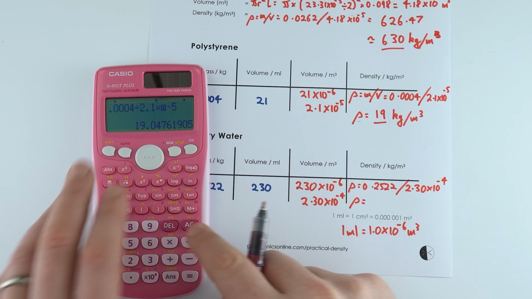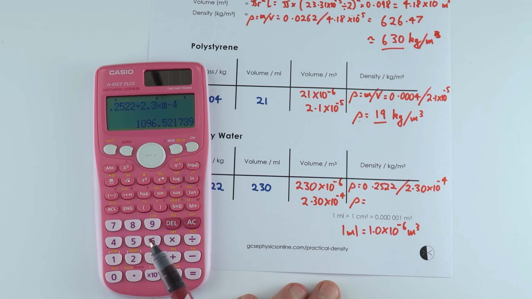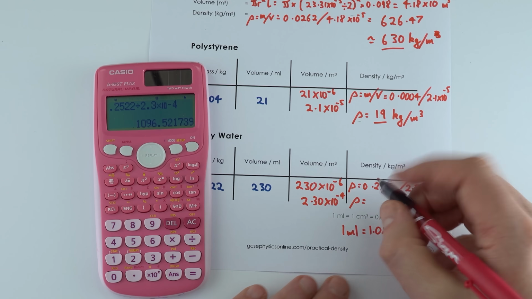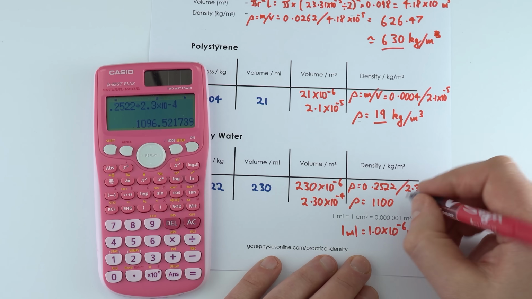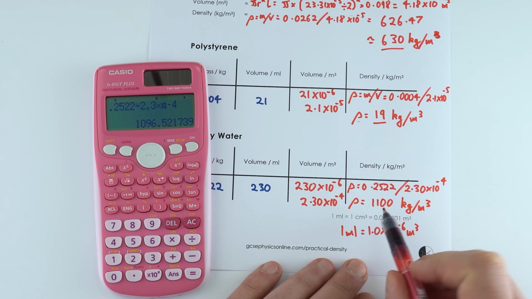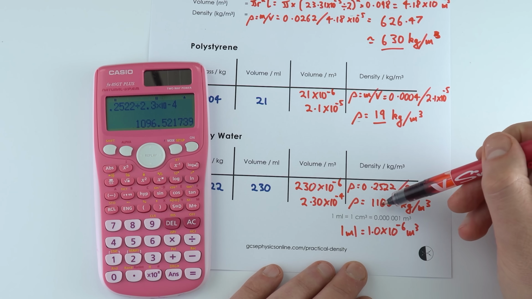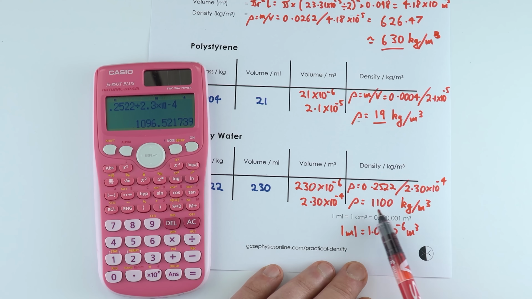And then again, if I just use my calculator, this gives a value of 1096.5. So to three significant figures, that would be 1,100 kilograms per cubic metre, which again is kind of what we'd expect. Because it's got the sugar dissolved in it, it's going to have a slightly higher density than normal water. So this one here is 1,100 kilograms per cubic metre.